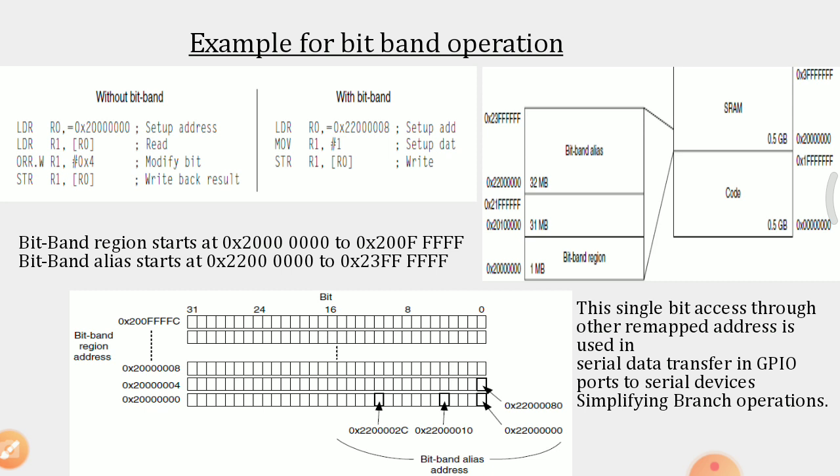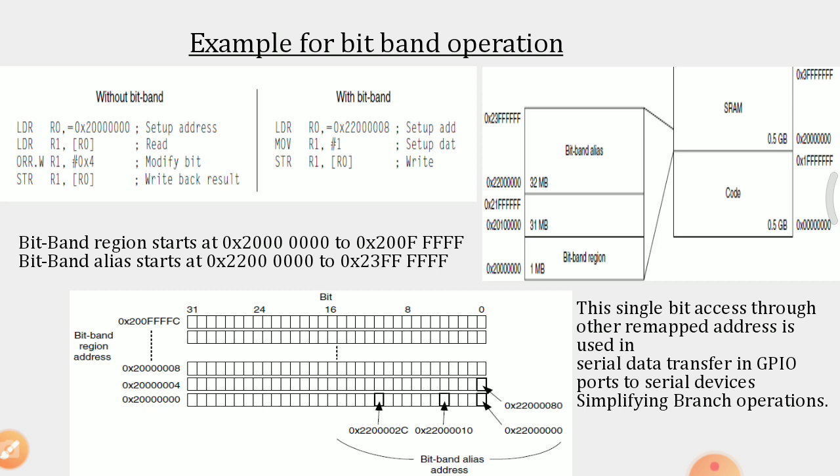So to write into the second bit, a single bit will be having a 4-byte address. 22000000 is the zeroth bit, 22000004 is the first bit, and the second bit will be having 22000008.